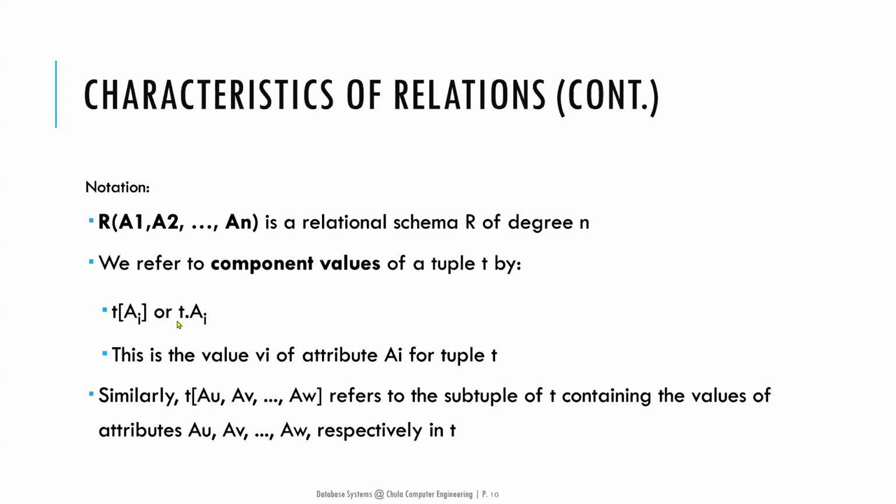This is the value of a particular tuple for that particular attribute. Similarly, if you have a tuple with values Au, Av to Aw, it will refer to the subtuple, right? A subtuple means that you have a tuple, but you only refer to part of the tuple that contains the value you look for. So this is how you write it formally with mathematical notation.